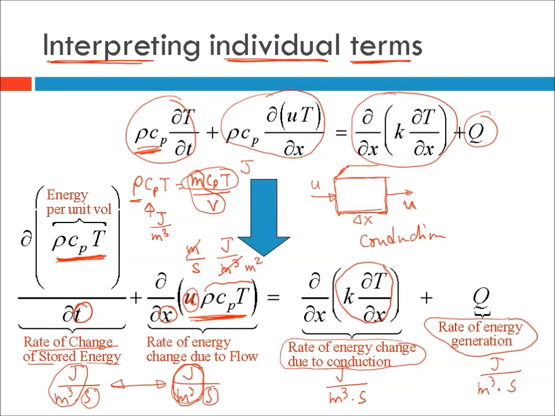So u times the cross-sectional area, u at, let's say, x, and this is x plus delta x. So u at x times the cross-sectional area, that's the volumetric flow. That should be the same as u at x plus delta x times A.